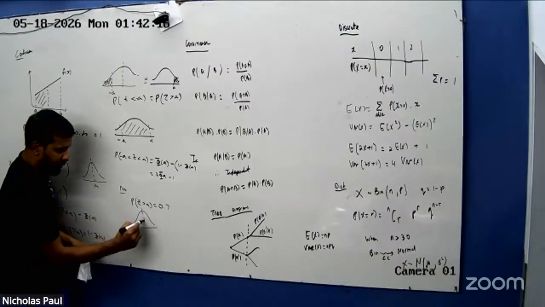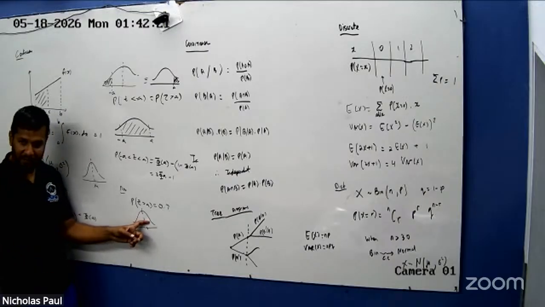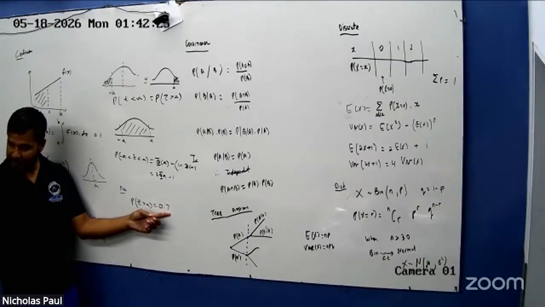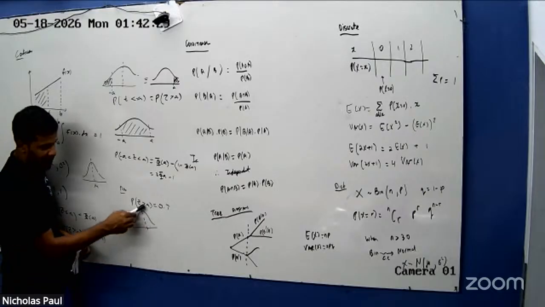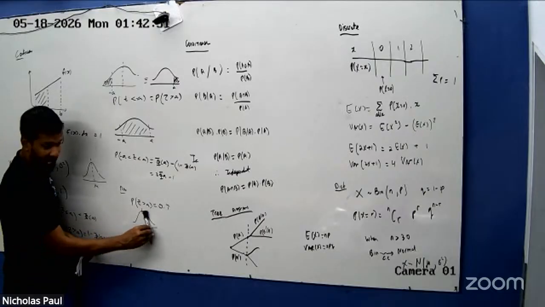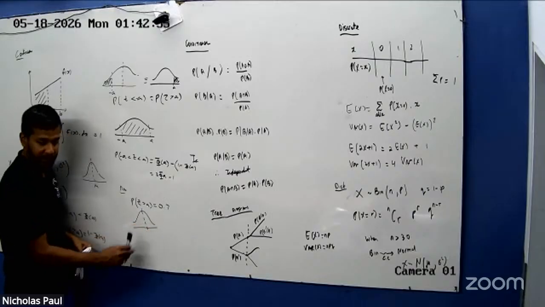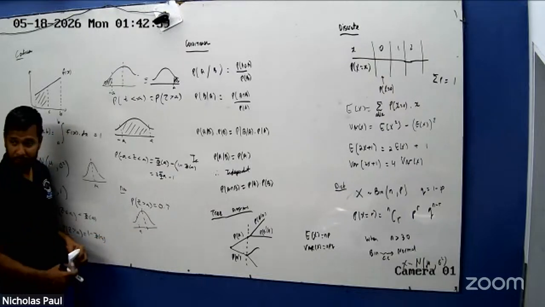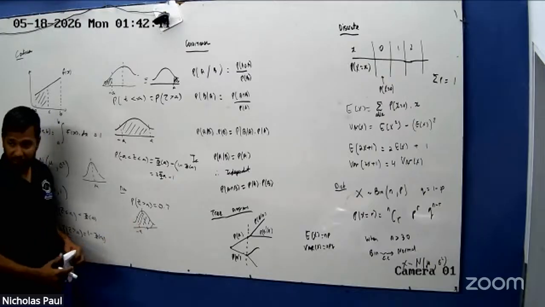Remember, this thing's symmetrical, so the probability here is 0.5, and here is 0.5 as well. If the probability is 0.7, where would A lie? Could A lie on this side if it's more than? No. There's no value for A that will give us something so big. So A really is here, and A is negative.